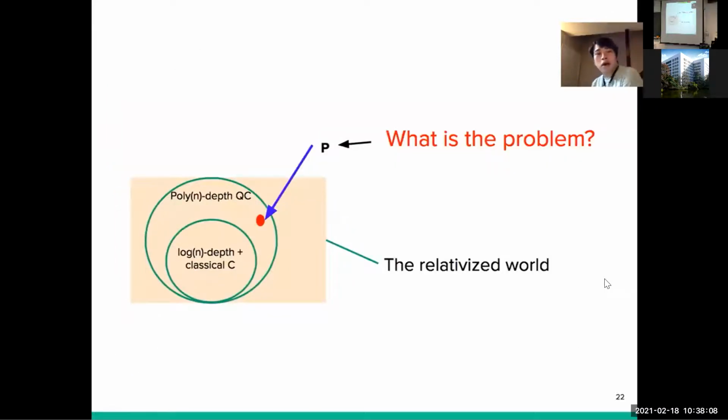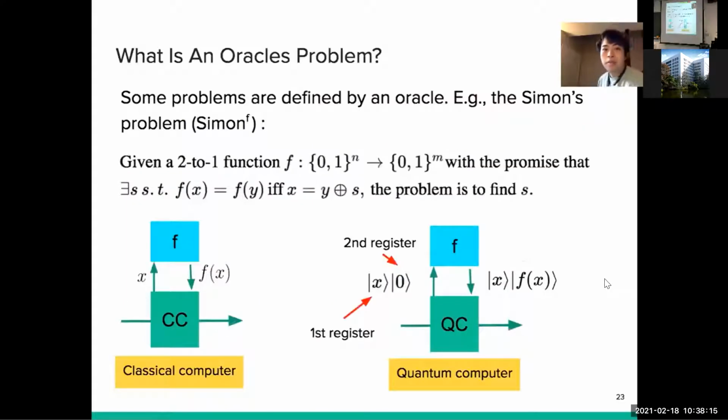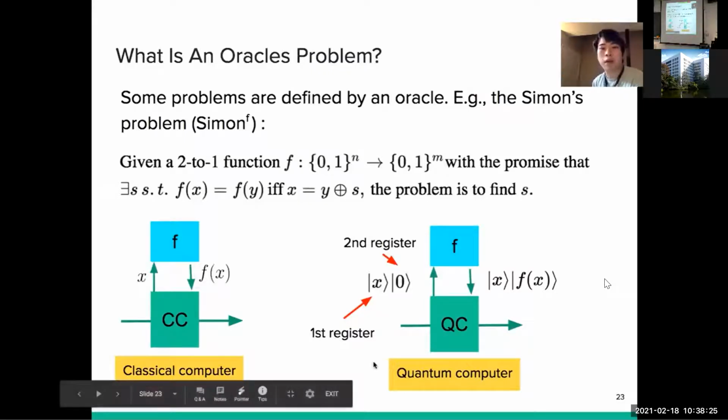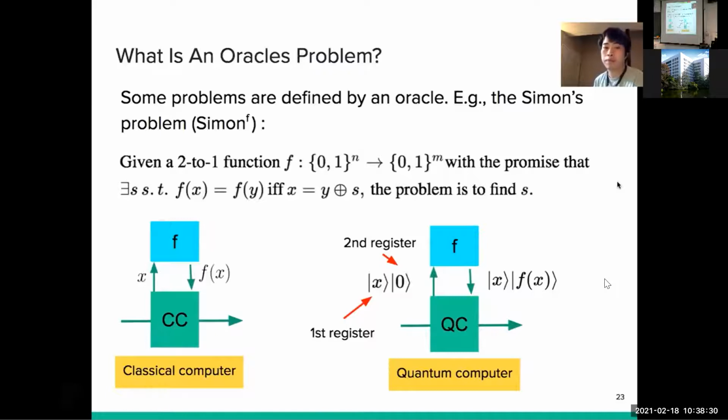So now I'm going to tell you what the problem is. But before that, I want to give you a quick introduction about oracle problems. Some problems are defined by an oracle, for example Simon's problem, which is a very famous problem in quantum computing.